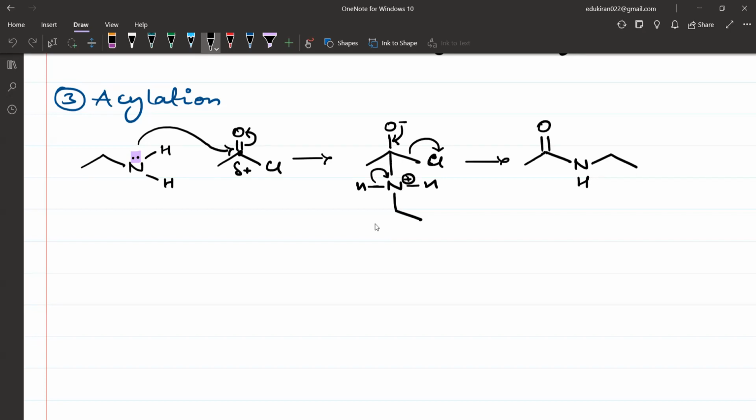Now, in this case, we have formed an amide. If you want to name this, this is my functional group, CONH2. This is amide. Unsaturation is going to be AN. Then my parent is going to be these two carbon atoms in the main chain, that is eth. Okay, so we have amide and then we have AN.